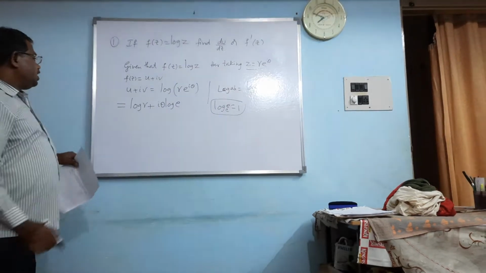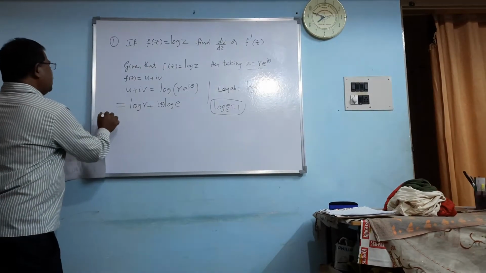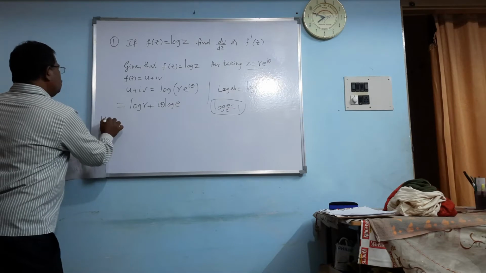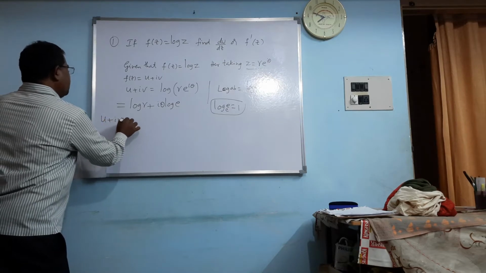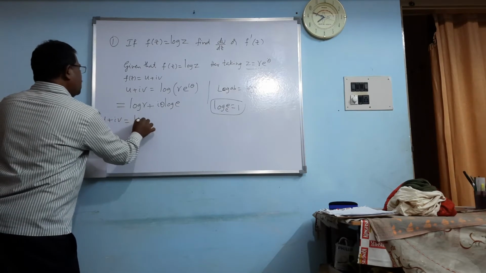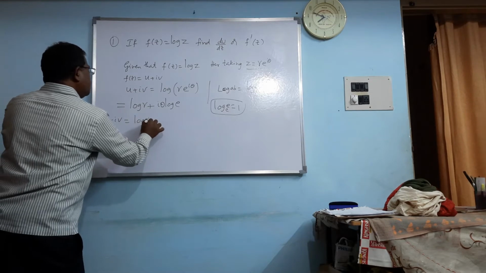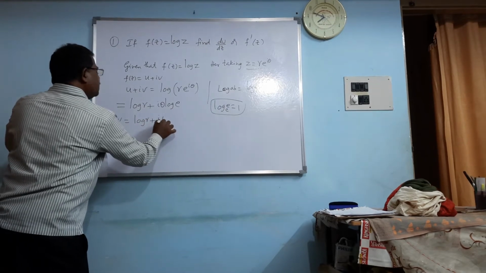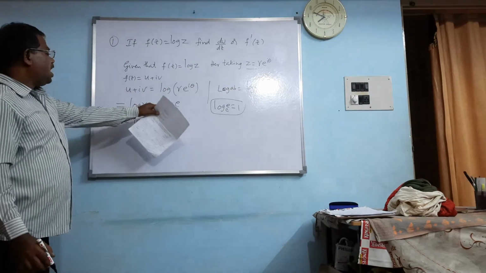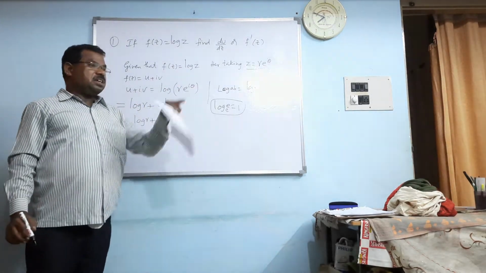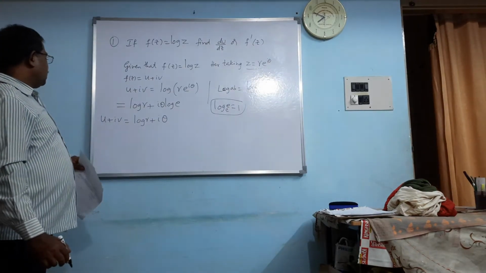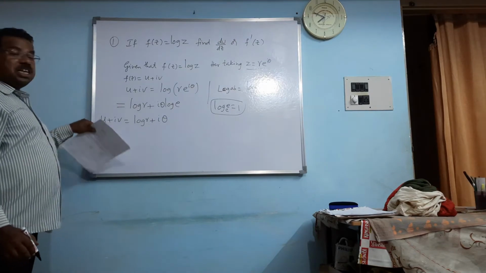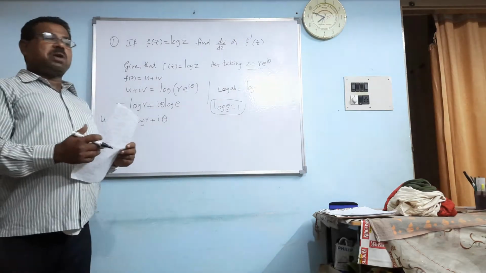Similarly, u plus iv equals log r plus i theta, because log e is equal to 1. Next, separate the real part and imaginary part in this problem.